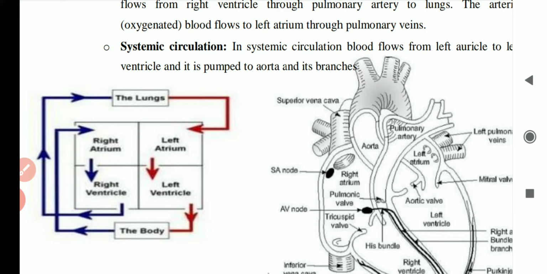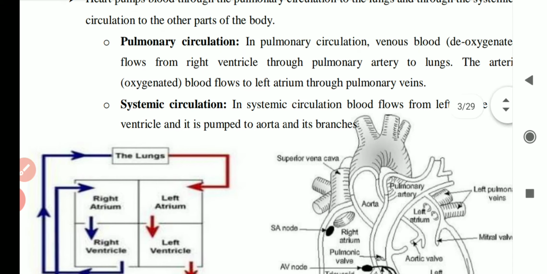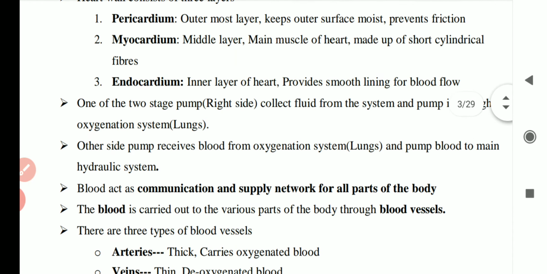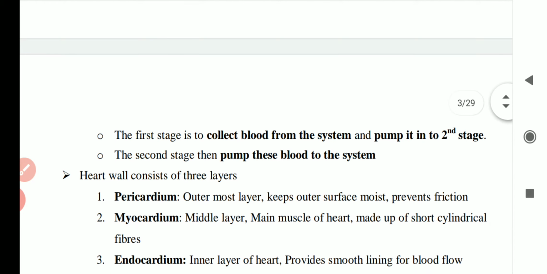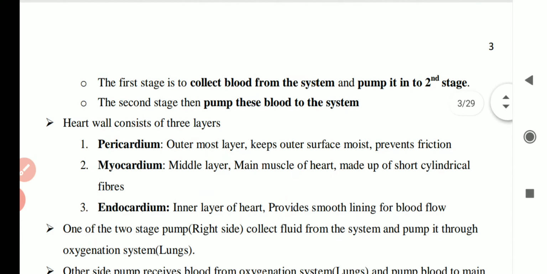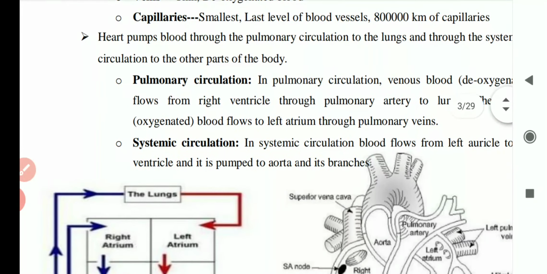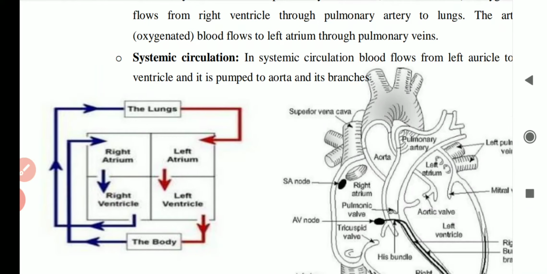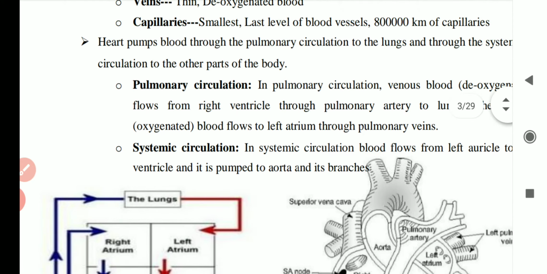The red signal represents the pure blood and the blue signal represents the impure blood. The first stage collects blood from the system and pumps it into the second stage. That is, from the body it collects the impure blood and passes it through the lungs. Then the lungs make the oxygenated blood and it passes to the other parts of the body.